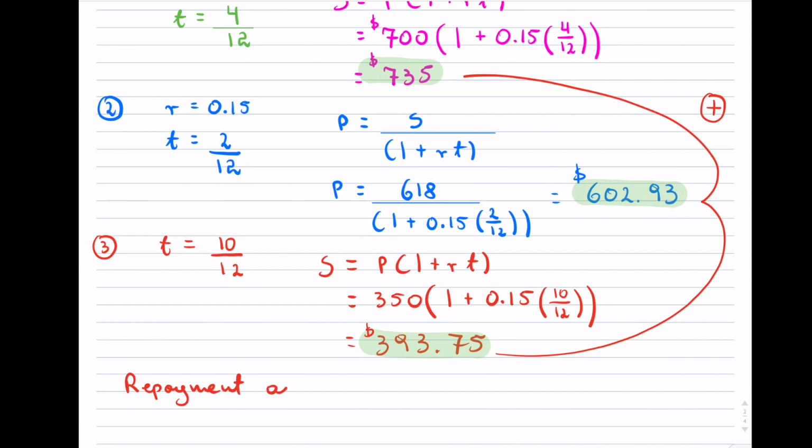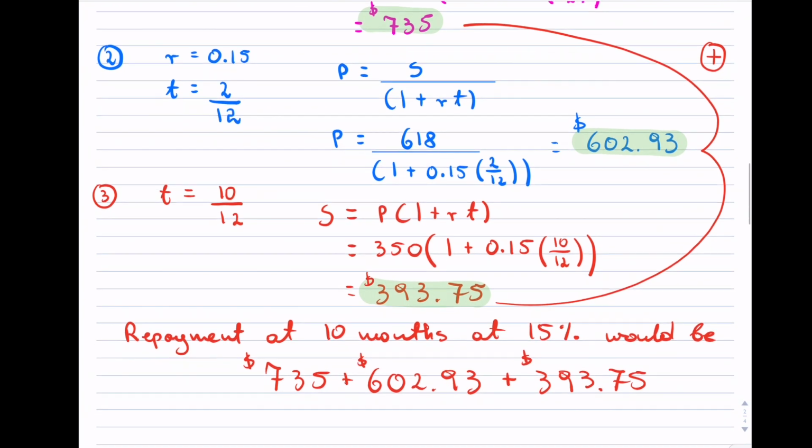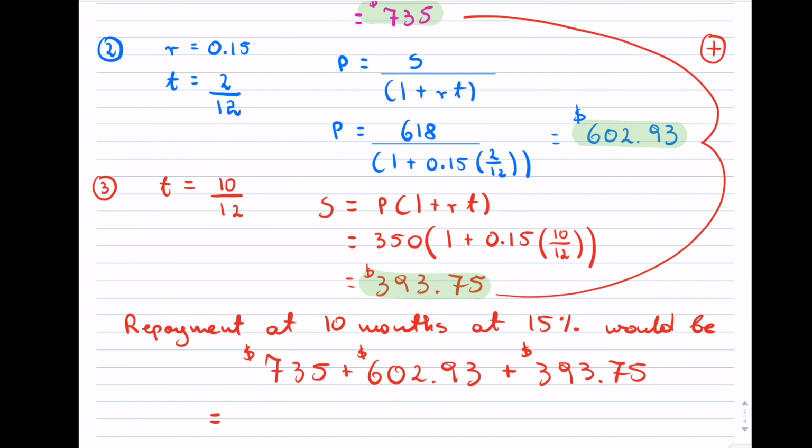So repayment at 10 months at 15% would be 735 plus 602.93 plus 393.75. And now we can get our answer once we add all of these up.